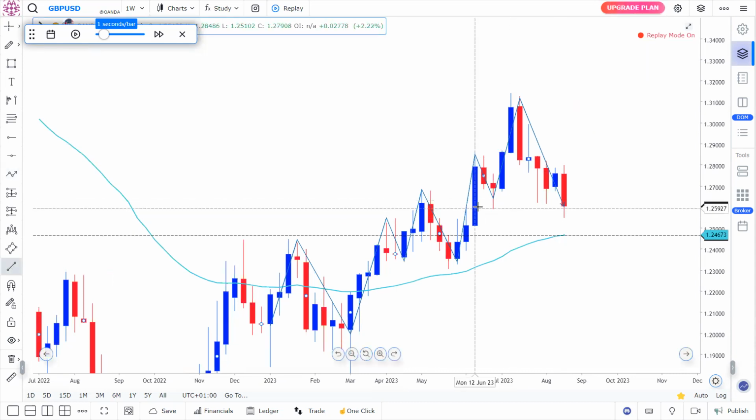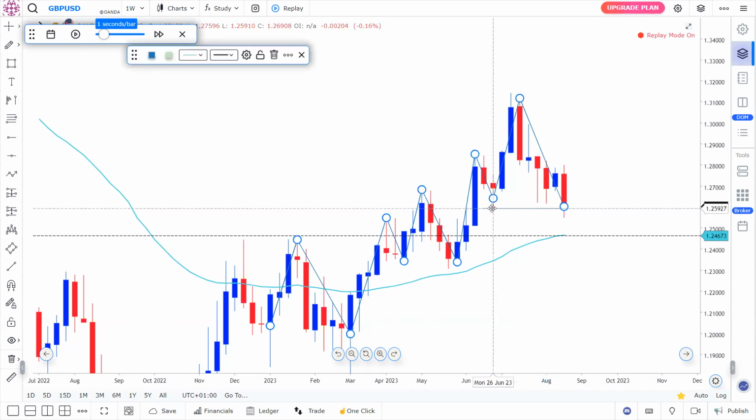With this being our previous swing low, so we had this as the higher low that led to this higher high.